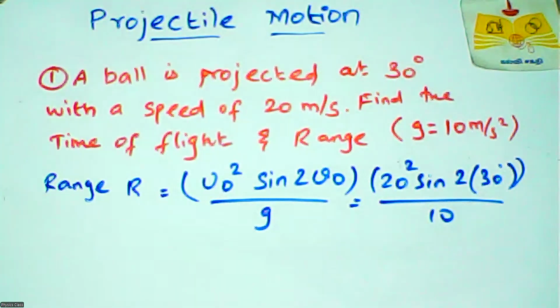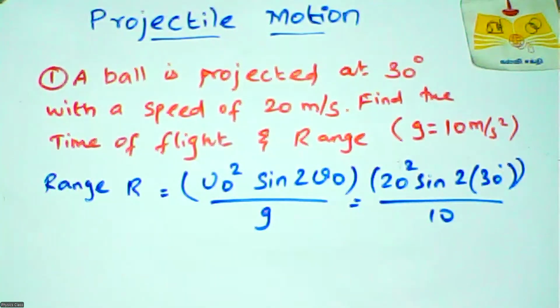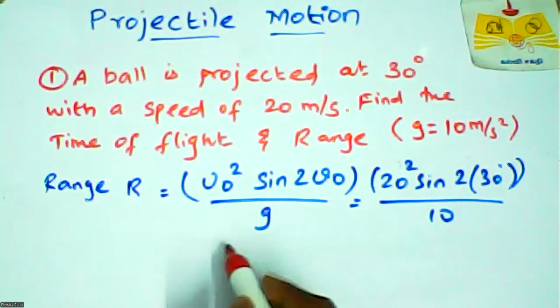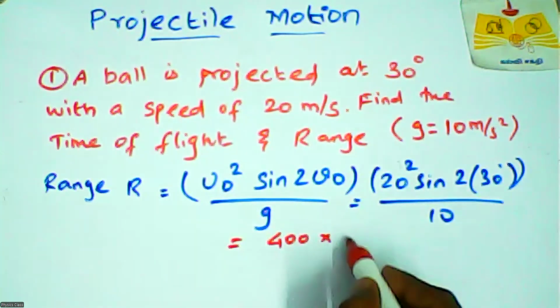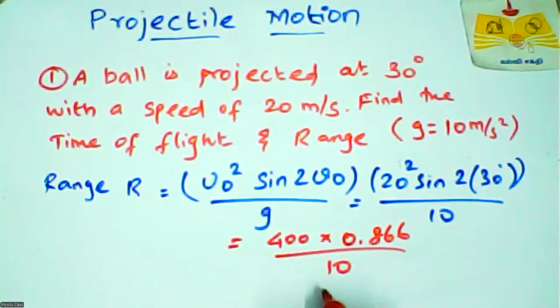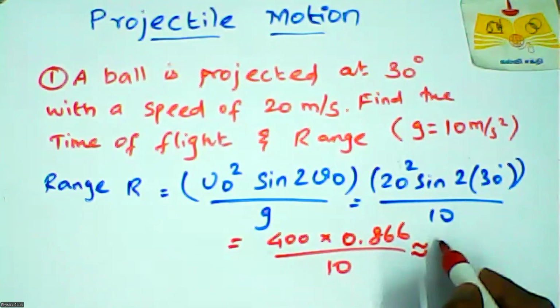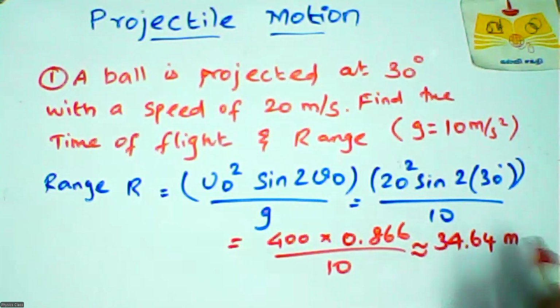So V naught square is 20 square, sine 60 degrees. Sine 60 we can approximately take as 0.866. 20 square means 400. So 400 into 0.866 by 10, and we will get 34.64 meters.